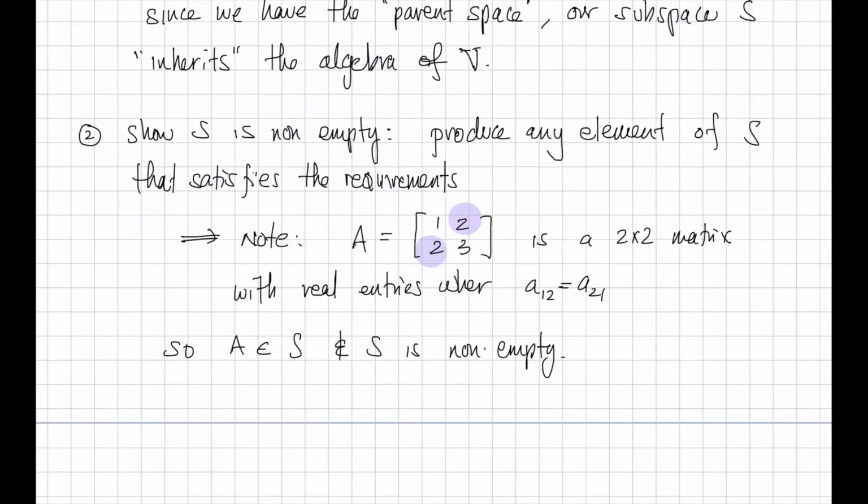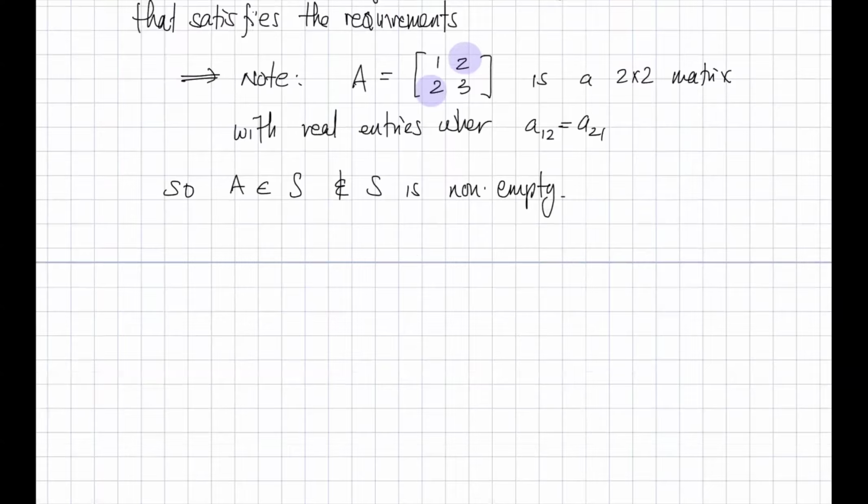Now, there are other candidates, and this is an important one, a second option, alternately. You might note that A equal to 0, 0, 0, 0 is an element of S, as those two positions are equal.